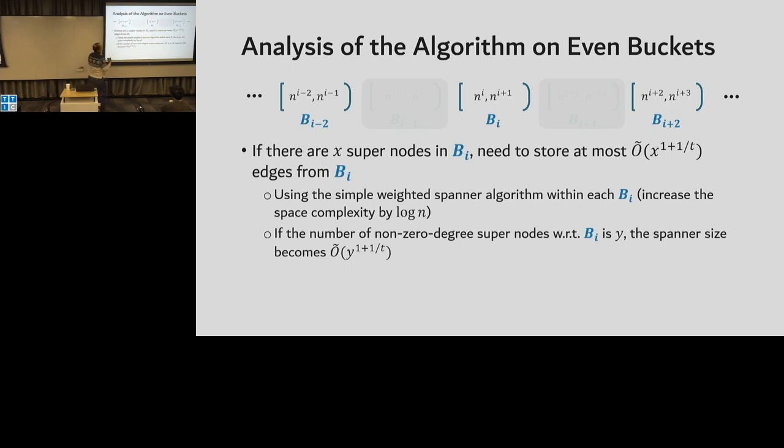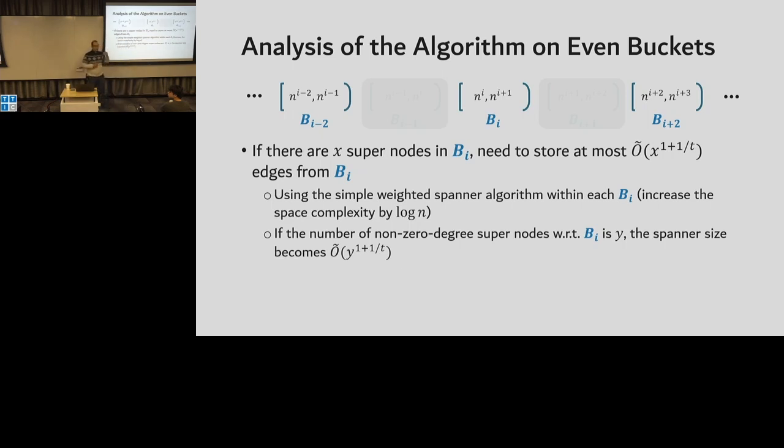And the cool thing is that we can show that if B_i is picking some edges, then the number of connected components has to decrease by the number of edges that B_i is picking.